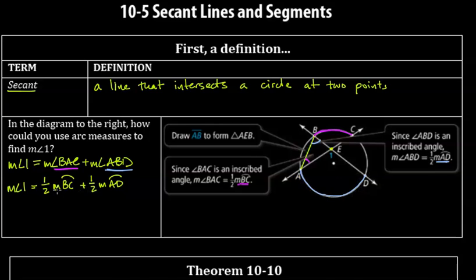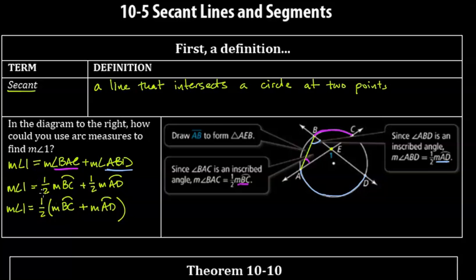Since there are 2 things here being multiplied by 1/2 and added together, I'm going to factor out that 1/2, and that leaves me the measure of arc BC plus the measure of arc AD. Just a little basic algebra here, where I factored out this 1/2, so it now says 1/2 the quantity measure of arc BC plus measure of arc AD.